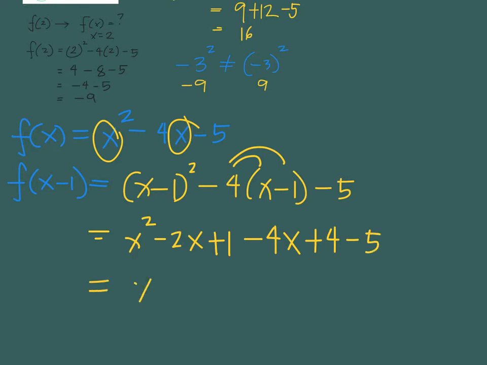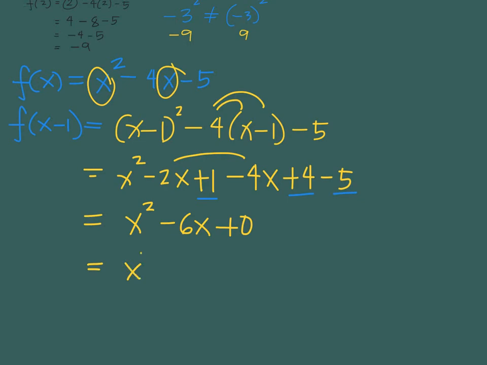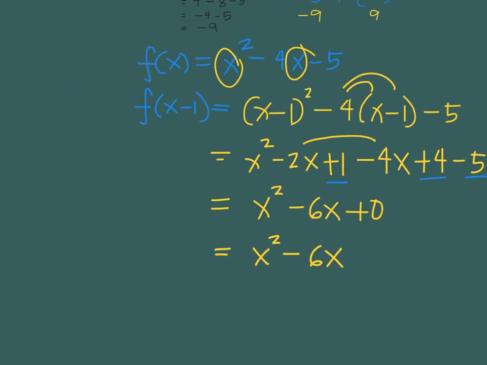We have x squared, and then negative 2x, negative 4x becomes negative 6x, plus 1 plus 4 is 5 minus 5 is 0, so that means plus 0. Or we could simply disregard 0, and that means the final expression is x squared minus 6x. This is the value of f of x minus 1.